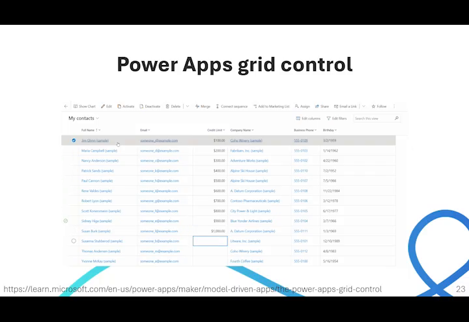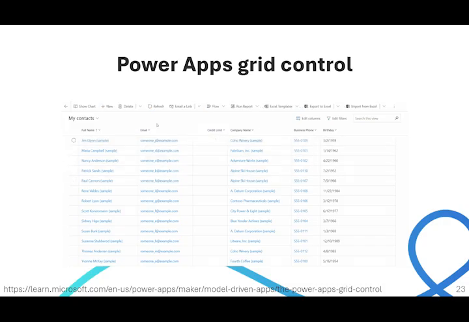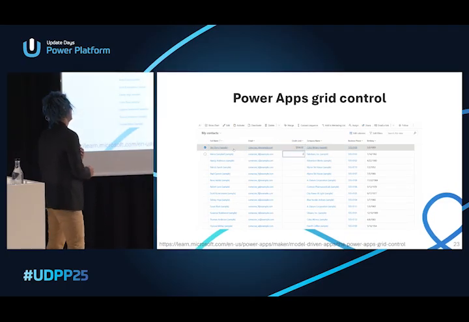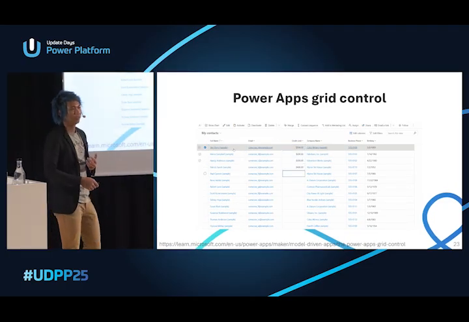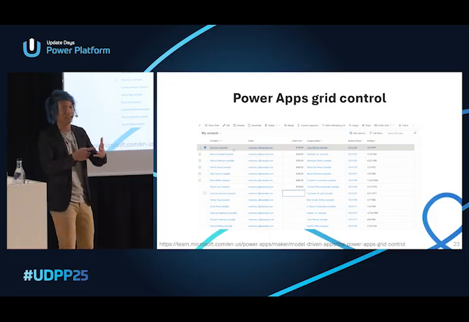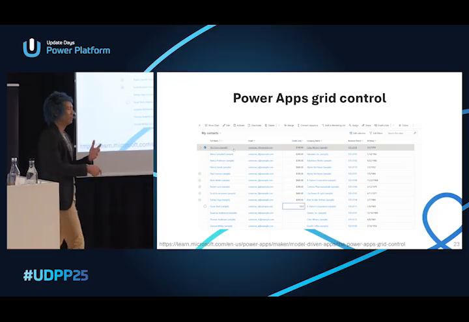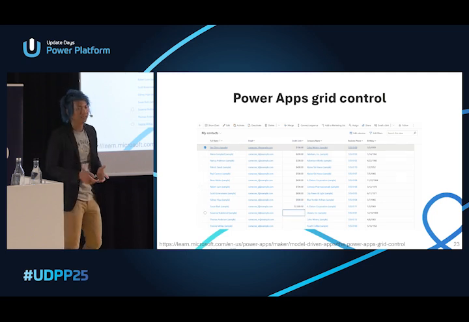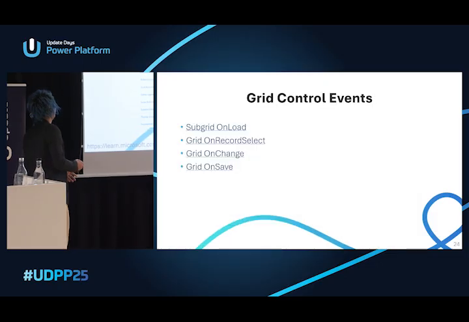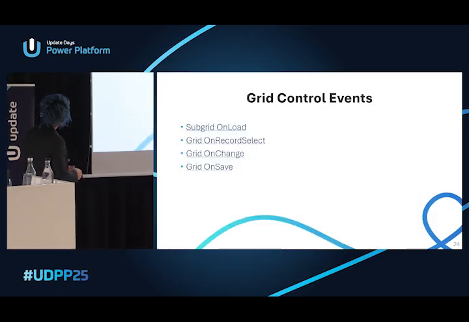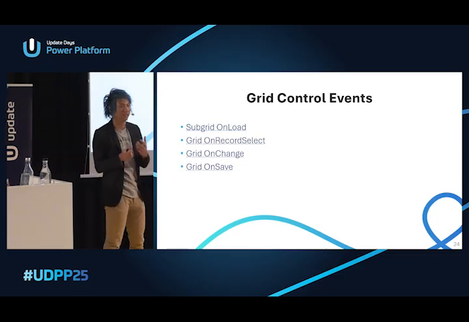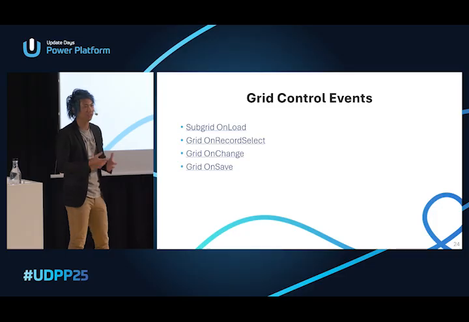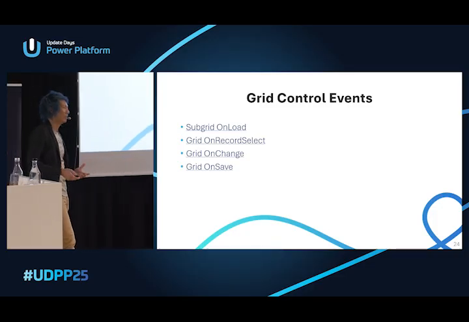One of the use cases is, based on a particular value, I want to disable a field. Let's say the choice is A, B, C, and other. If the choice is other, I want to enable another column, the other text free text field. In that case, you can use the grid record select, check the currently selected records, and show, hide, disable, or enable those particular rows.